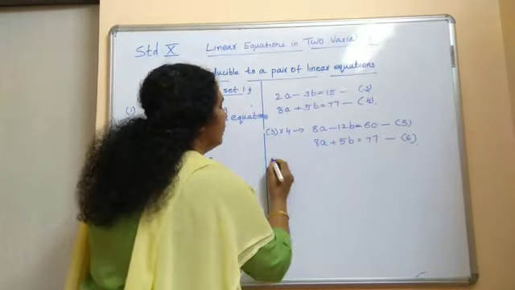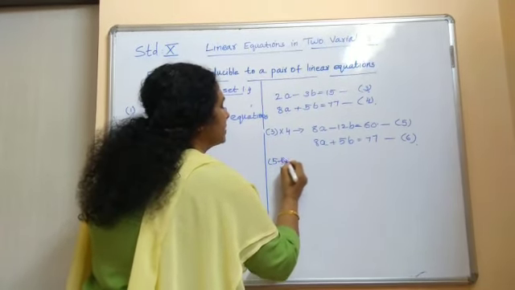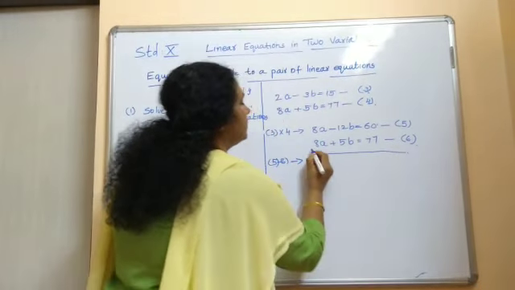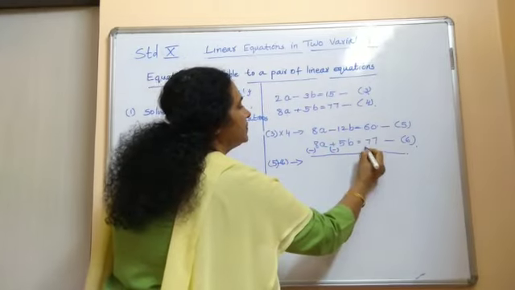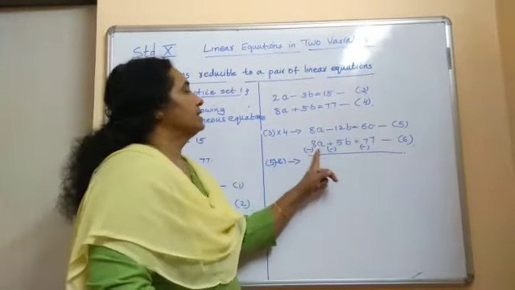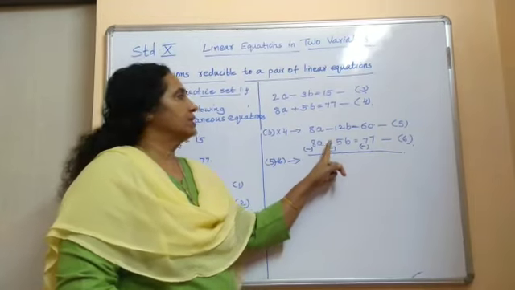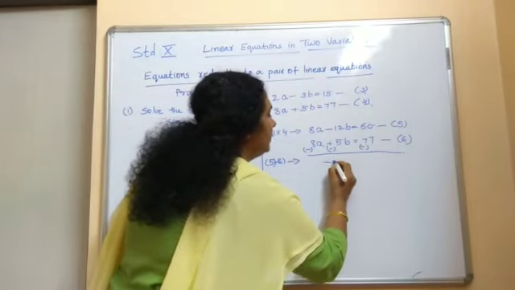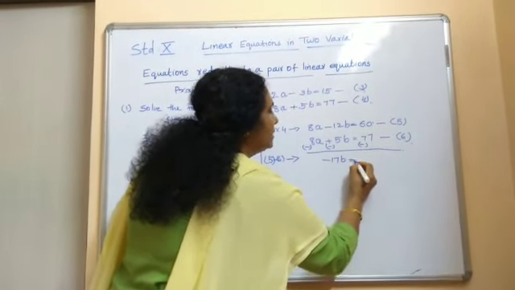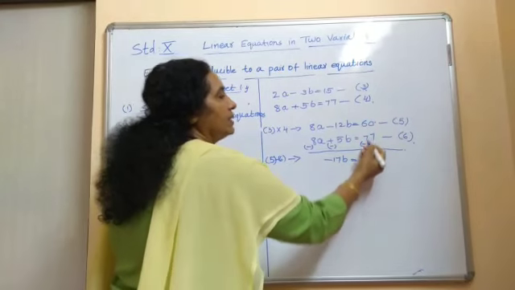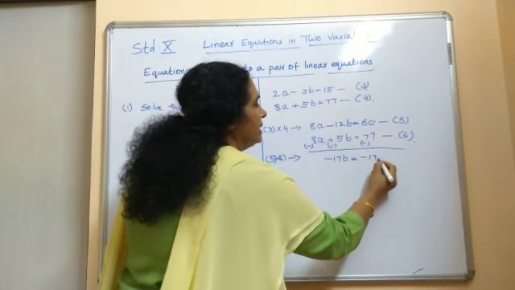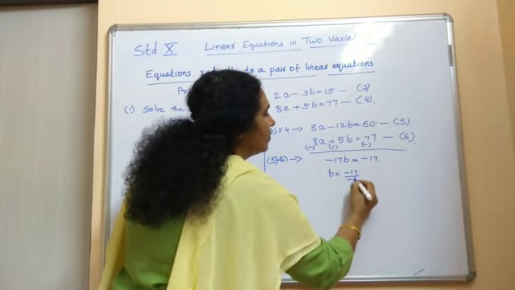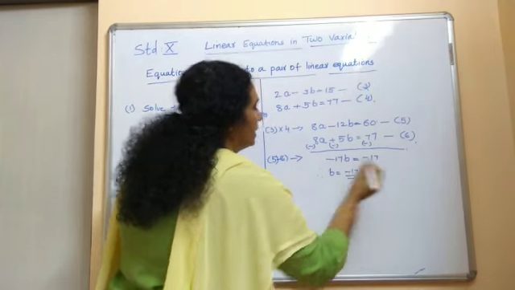Subtracting, that is equation number 5 minus equation number 6 gives, changing the sign of each and every term, 8a minus 8a, that is it will get cancelled, minus 12b minus 5b, that is minus 17b, minus 17b is equal to 60 minus 77, that is minus 17. Therefore, b is equal to minus 17 upon minus 17 is equal to 1.